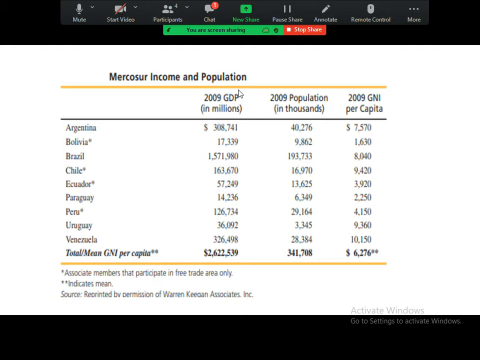The EU is Mercosur's number one trading partner. Mercosur has negotiated an agreement with the EU to establish a free trade area. Germany and France are opposed to such an agreement on the grounds that low-cost agriculture exports from South America will harm farmers in Europe.